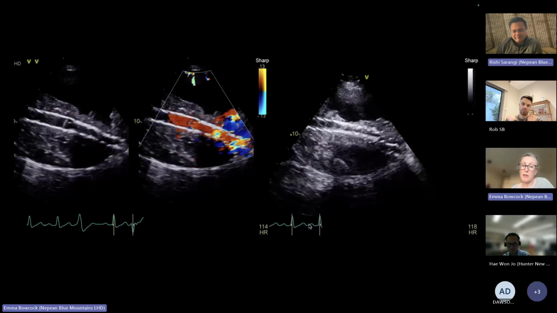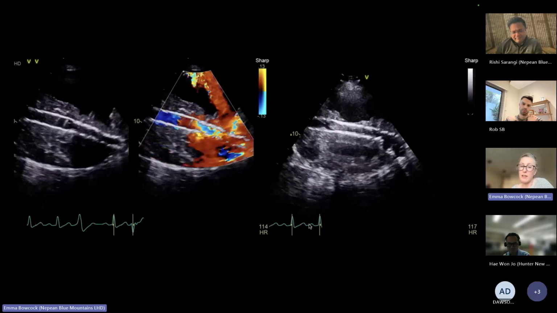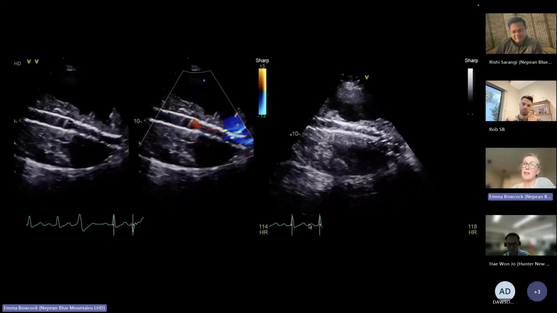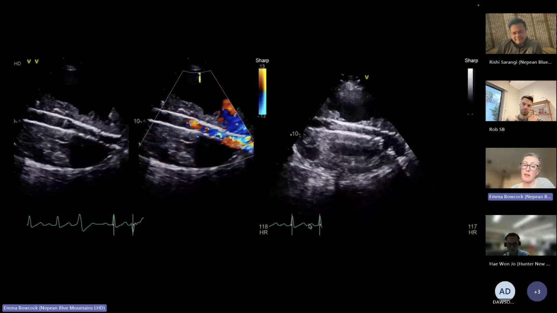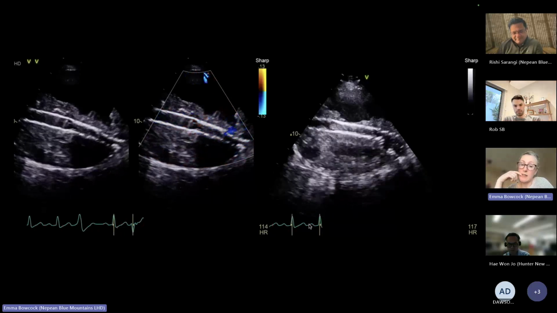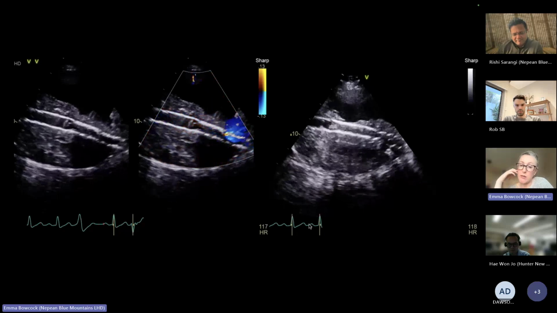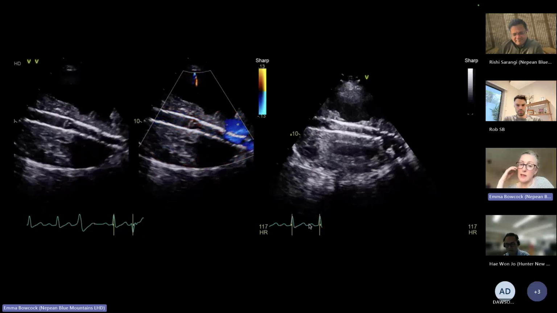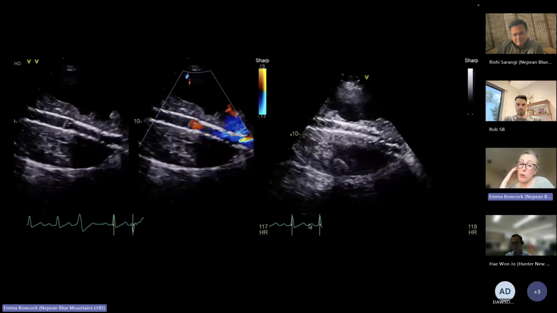Just be careful about making that assumption that you're getting turbulent flow all the way down to your left iliac because of outflow obstruction. I think he's probably got a low outflow state, right? The velocities are down at 13, so you can't really make any sense of what the flow status is, except to say that there is flow in the graft.